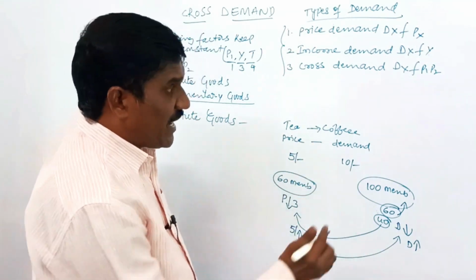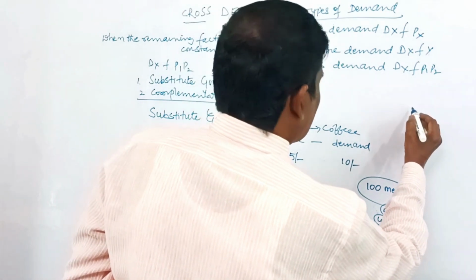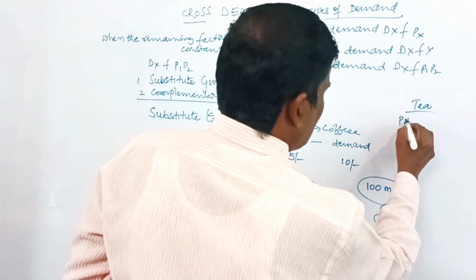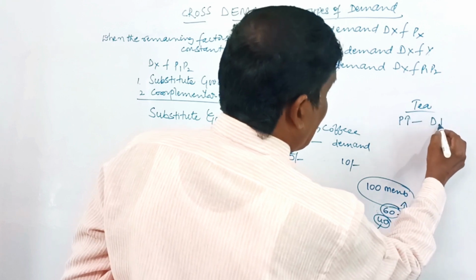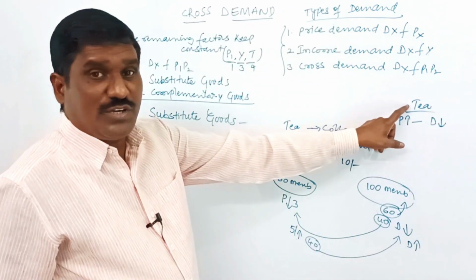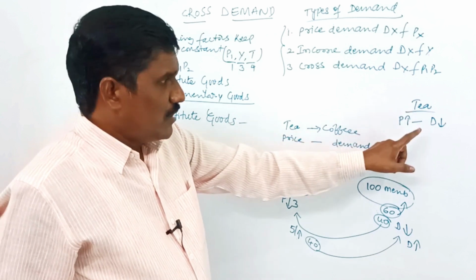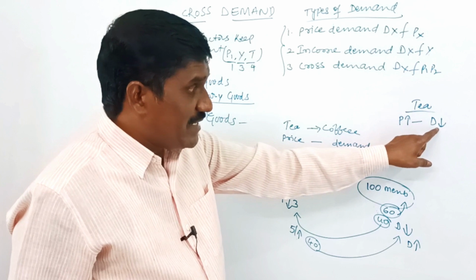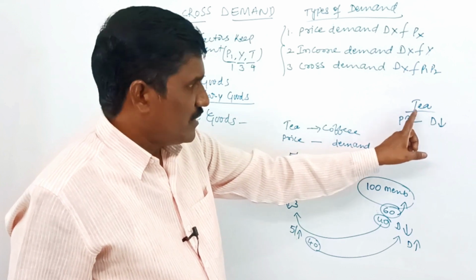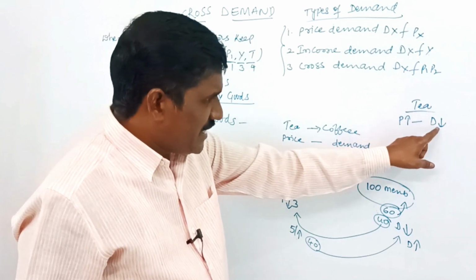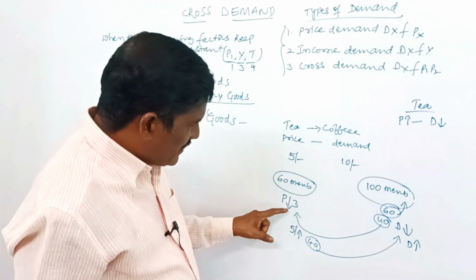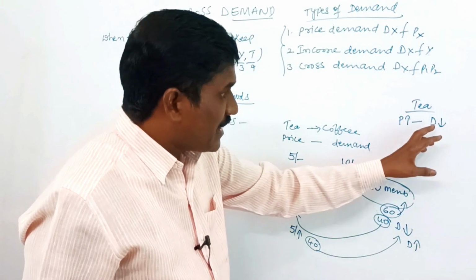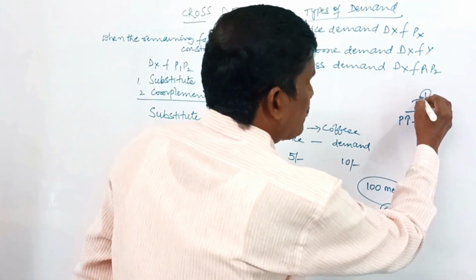But if you observe the price demand, I can explain the price demand. For example, tea. If the tea price increases, tea demand decreases. Only the tea, only a single good, is in the price demand. Here, when the tea price decreases, we look at demand for coffee, not tea.